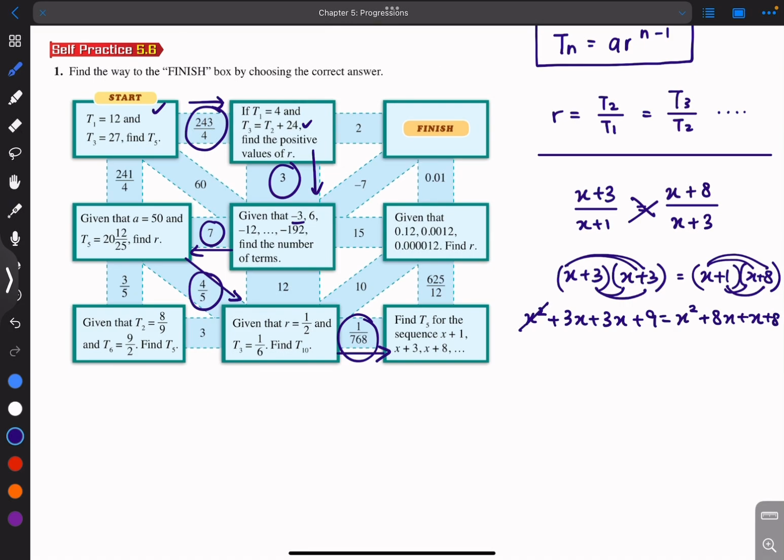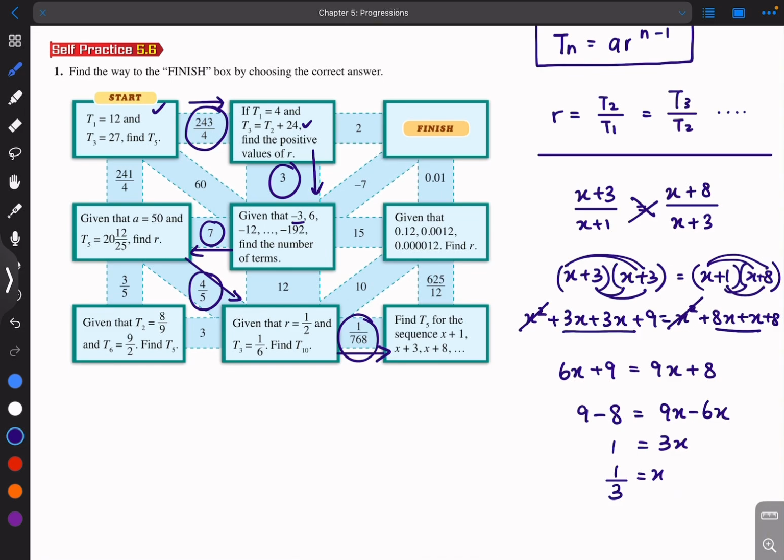Both sides have x square, so we can cancel off. 3x plus 3x gives us 6x plus 9. 8x plus x is 9x plus 8. Then all the x we bring to one side, so the 6x goes here and the numbers go there. So 9 minus 8 is 9x minus 6x. So 3x is 1, therefore x is 1 over 3.